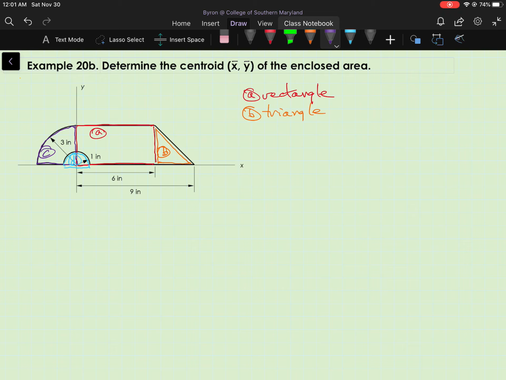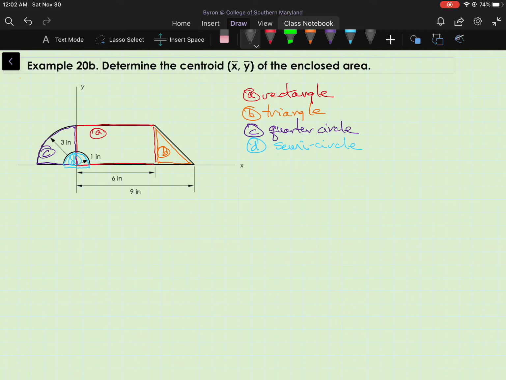So let's go back and write down the quarter circle, which is C, and then D is a semicircle. Okay, and that's enough for the colors, I think.